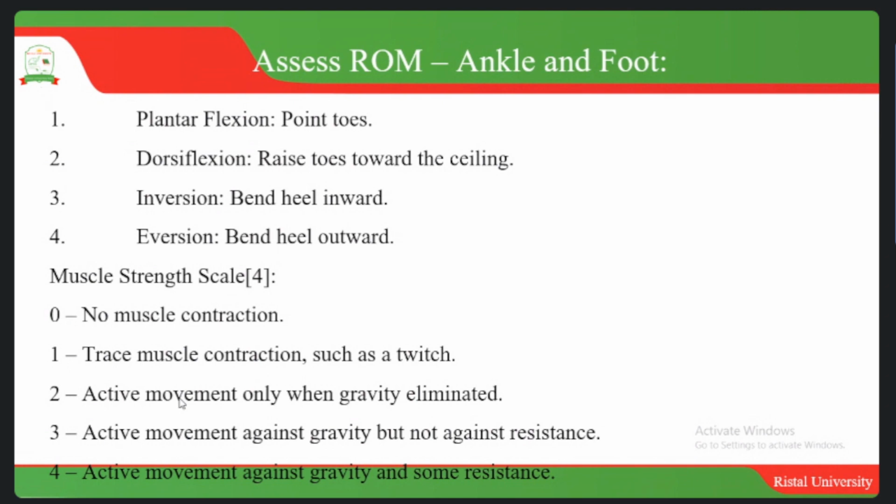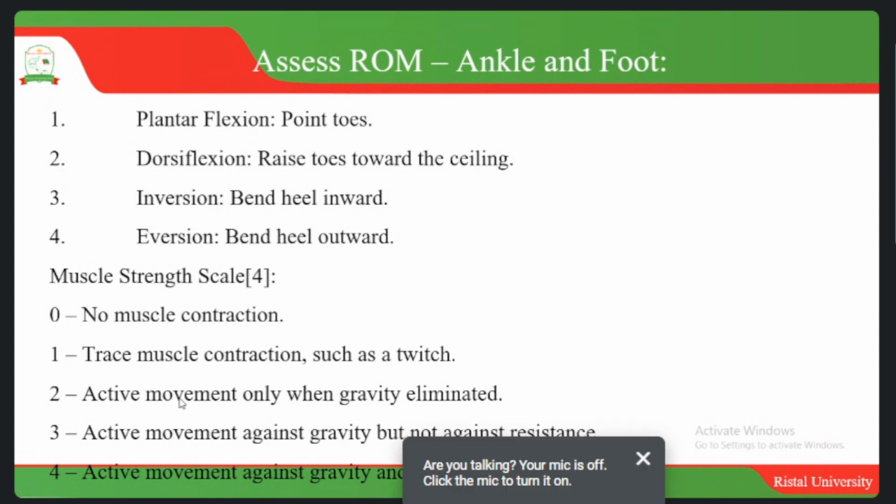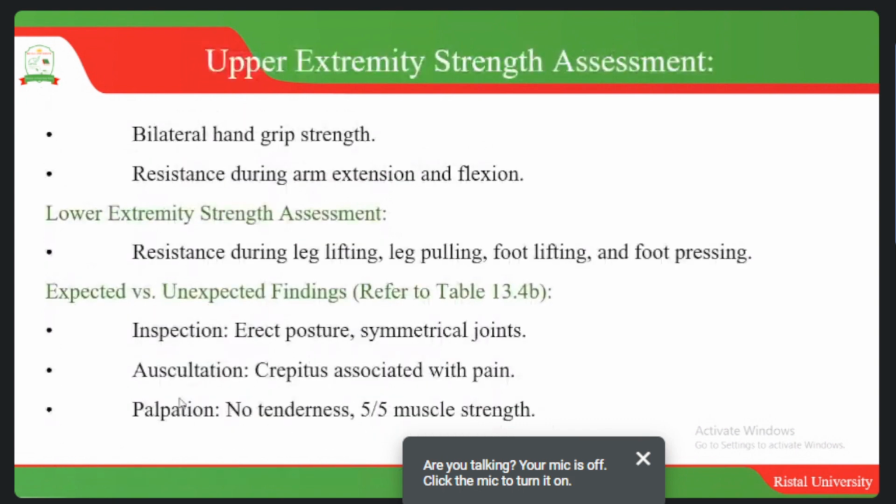And maybe the leg, you tell him to lift the leg, then you try to put pressure on the leg, not actually holding it in between your hands, and you see whether he is able to resist the pressure you're trying to apply on his legs, and is he able to move those legs down slowly until they reach down, or when you put a resistance on them they just fall down immediately. So there you'll be able to assess your patient's muscle strength.